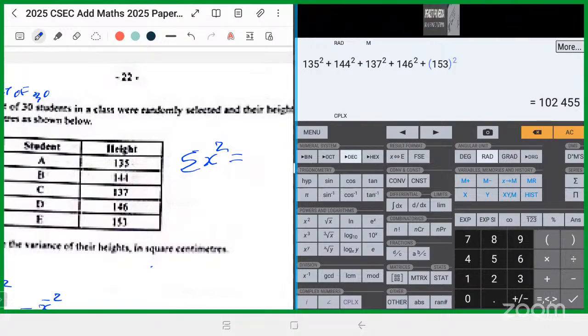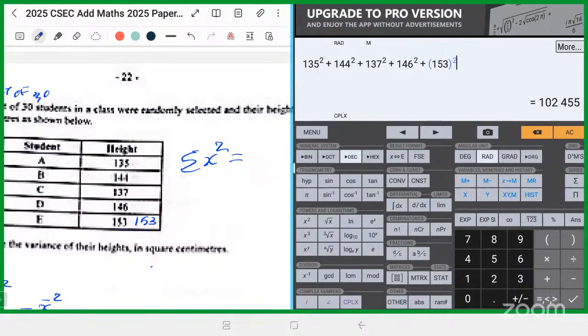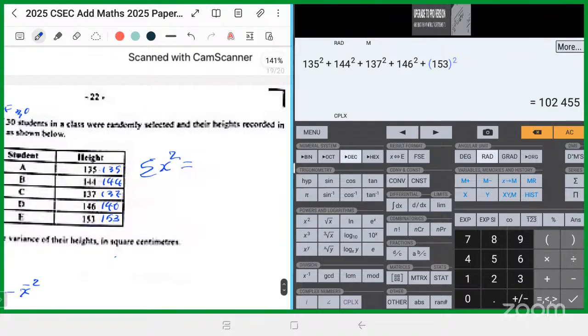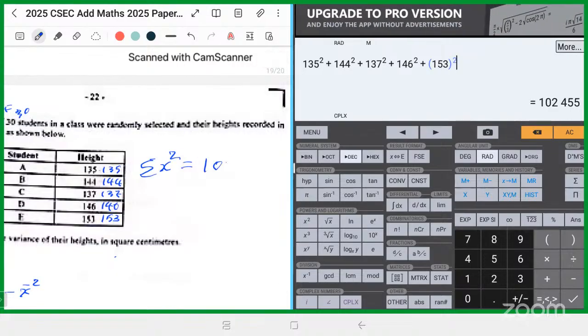I'm working this as 153, 146, 137, 144, 135. That's what I'm using. All right. So find the sum of the squares of those five values: 102,455.